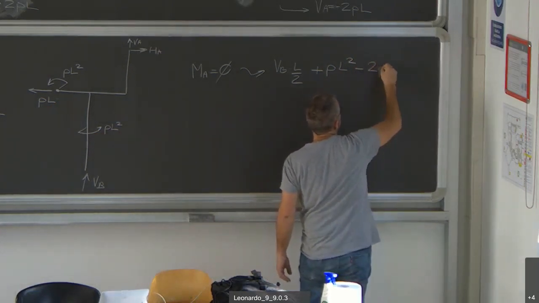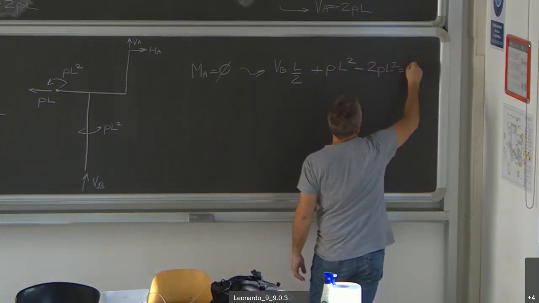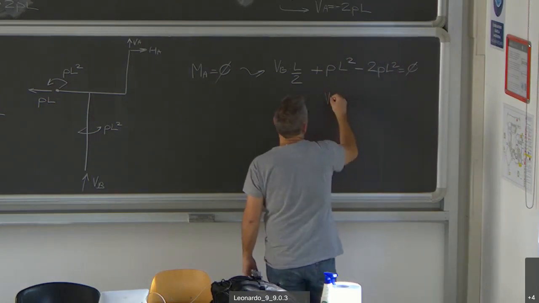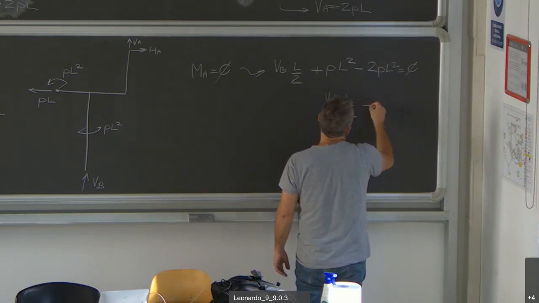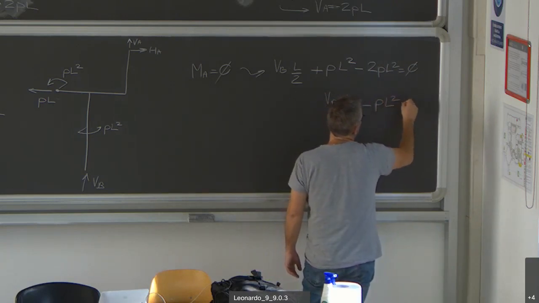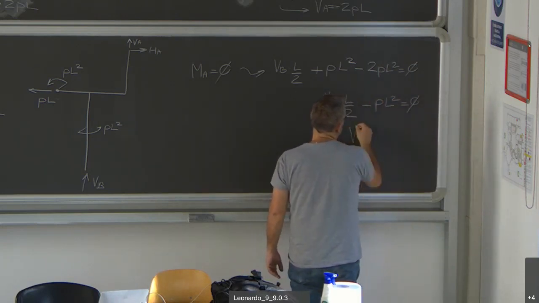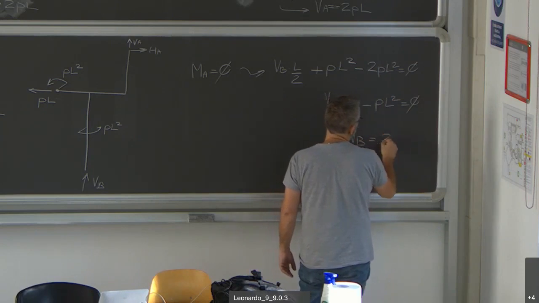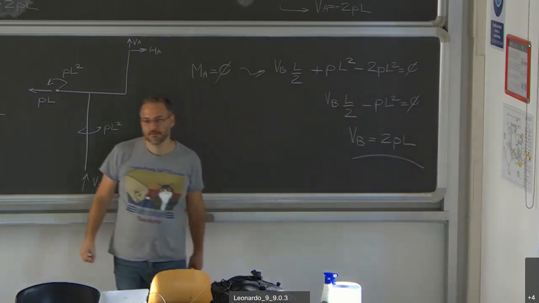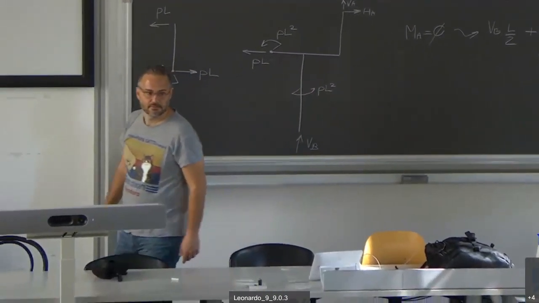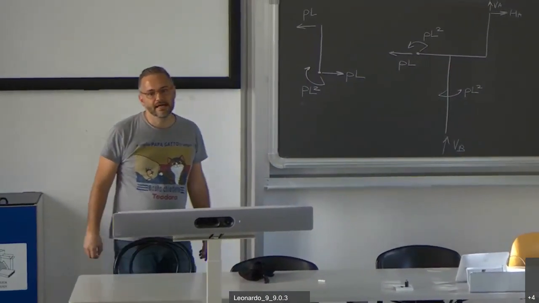Minus 2PL square equal 0. So what you have is VB times L divided by 2 minus PL square equals 0. And this gives you VB equal to 2PL. Okay? Got it?